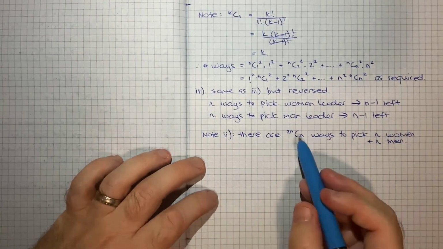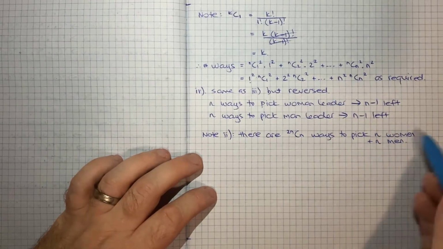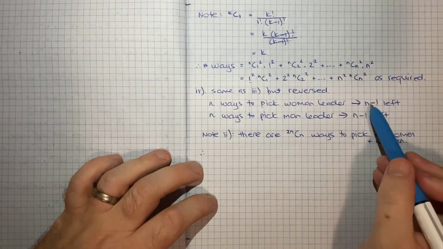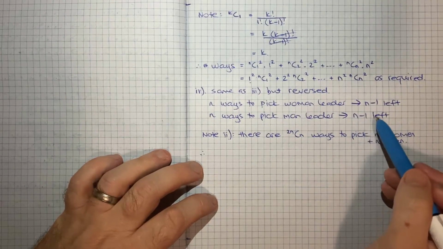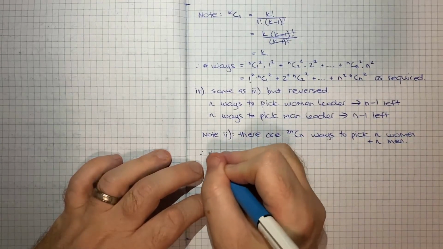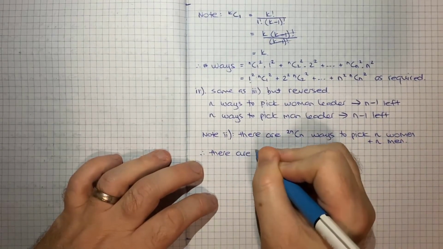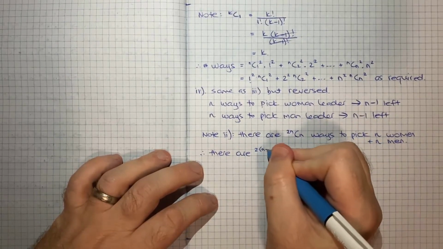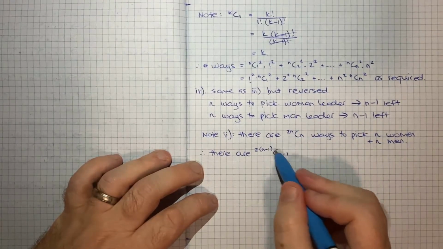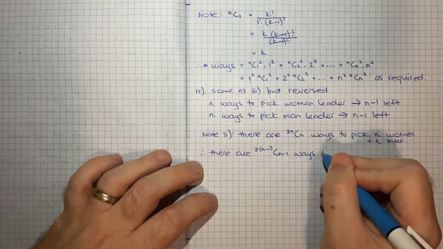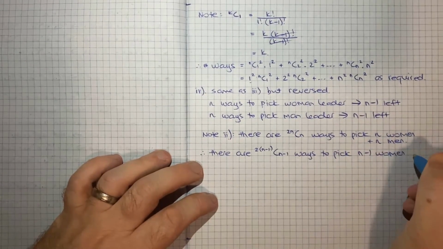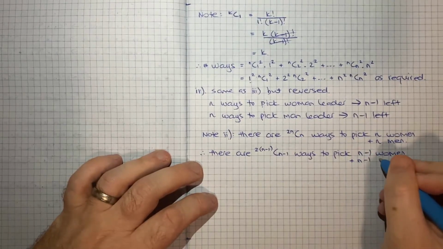So we showed in part 2 that if you've got n women and n men that you're trying to choose, there's 2nCn ways to do that. Therefore, if we're trying to pick n minus 1 women and n minus 1 men after we've picked our leader, then there are 2n minus 2 C n minus 1. So wherever there was n here, we'll just put n minus 1, ways to pick n minus 1 women and n minus 1 men.